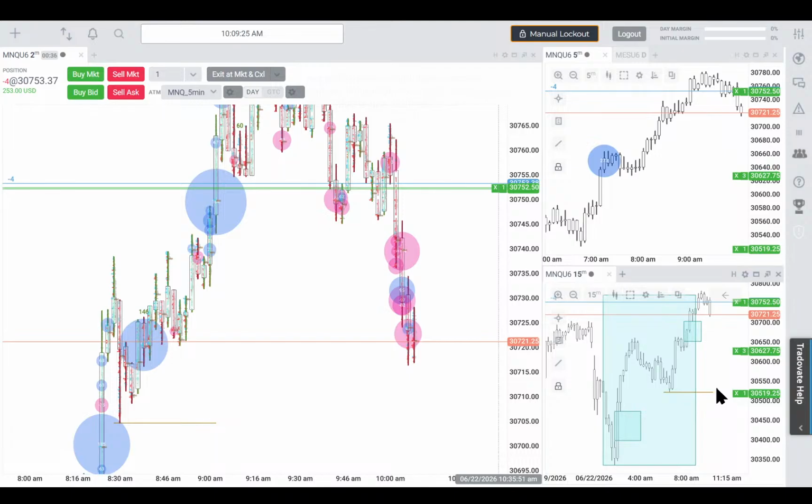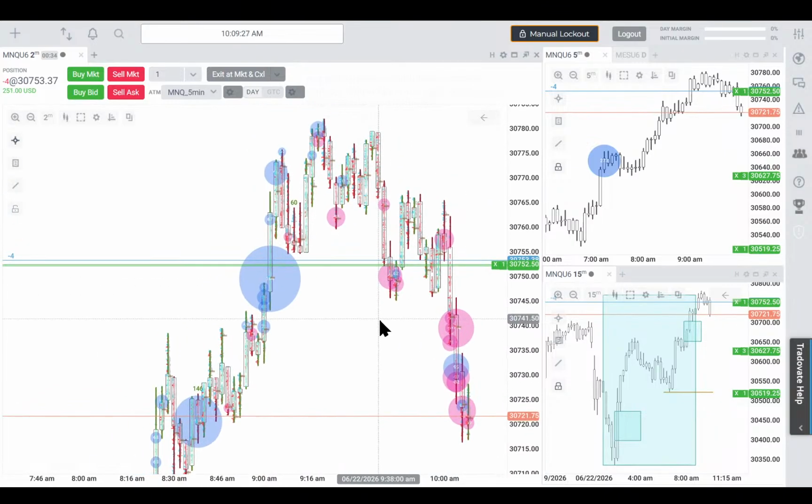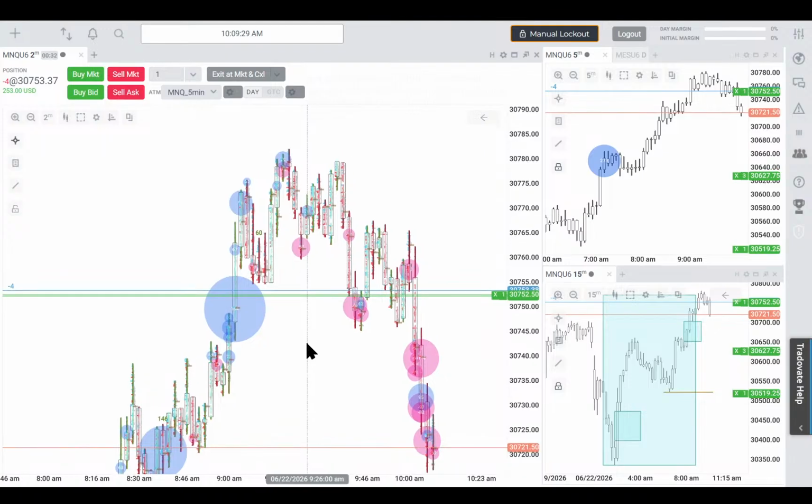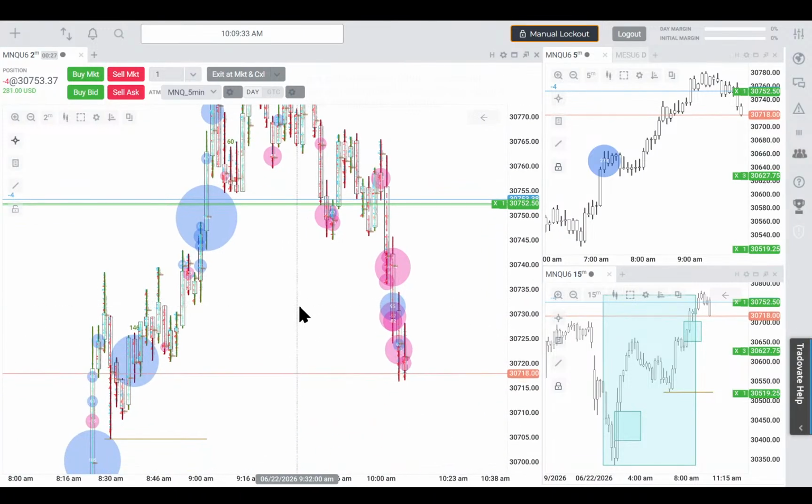I locked my previous position in profit, and this position also now is in profit, so one of the rules is now in play that says I'm not allowed to take more trades. I should trail this.